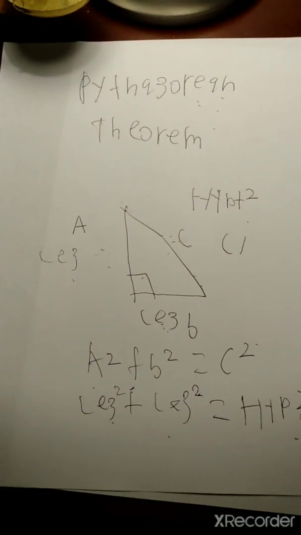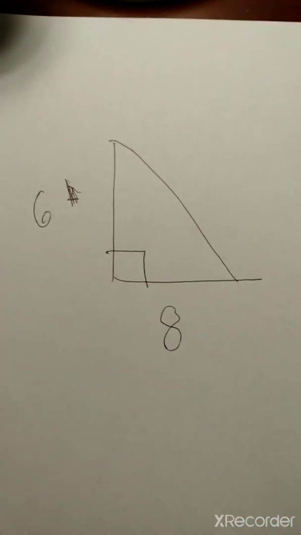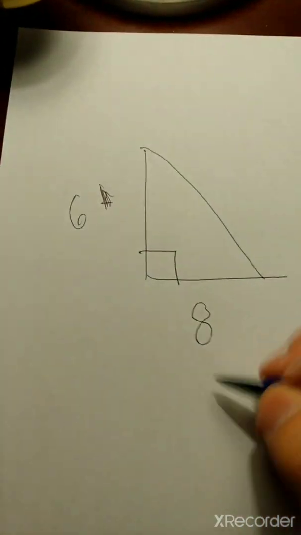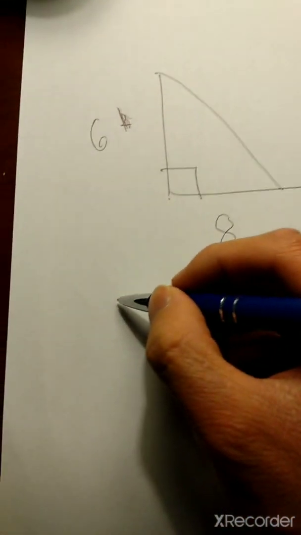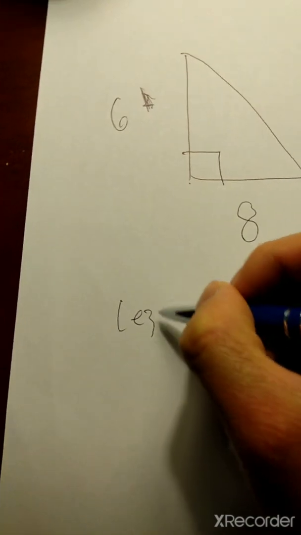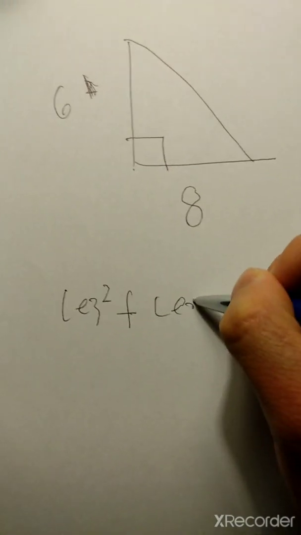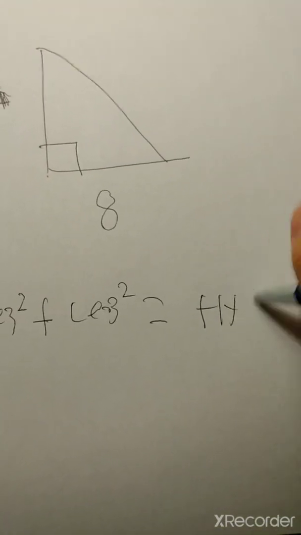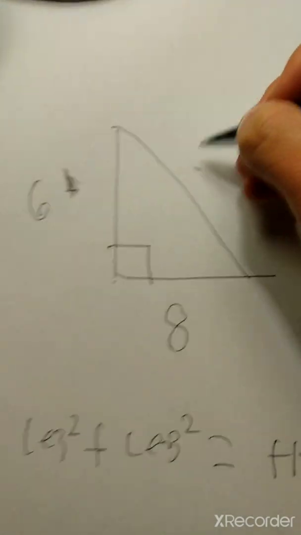So let's solve a problem. We have a Pythagorean Theorem problem right here. If 6 is the length of this leg, and 8 is the length of this leg, the formula is going to be leg squared plus leg squared equals the hypotenuse squared.